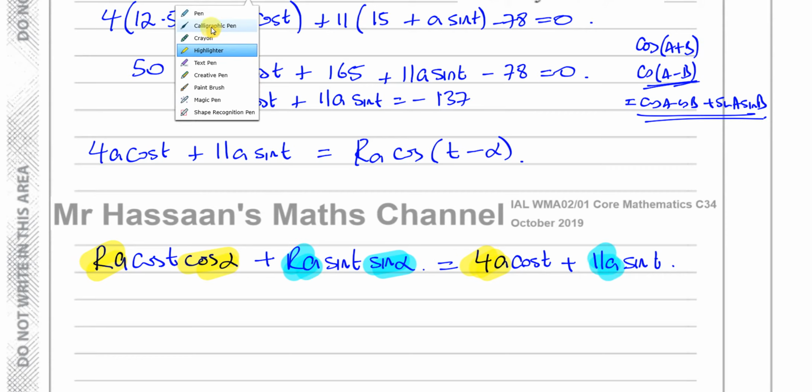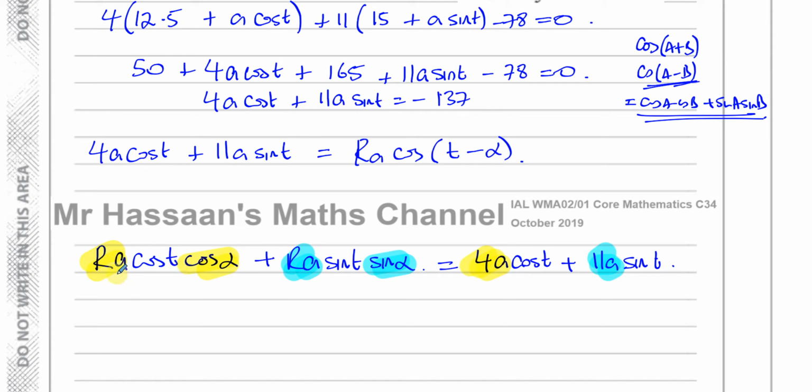So I can say ra cosine alpha is equal to 4a, because the coefficient of cosine t must be equal to the coefficient of cosine t on the other side. And the coefficient of sine t on one side of this identity, which is ra sine alpha, must be the same as the coefficient of sine t on the other side, which is 11a.